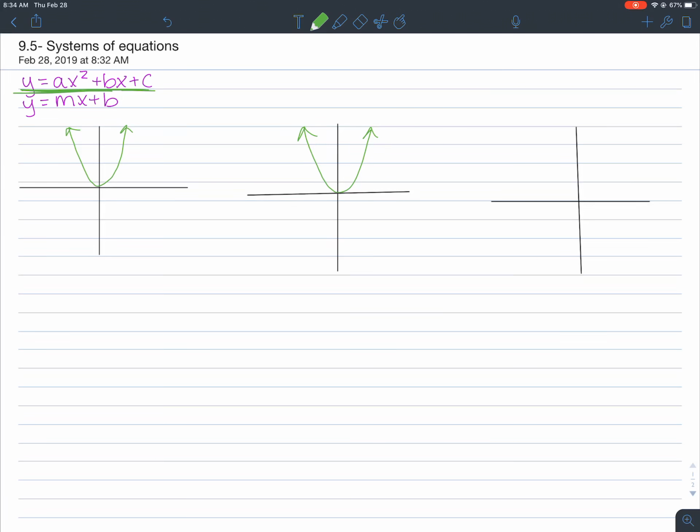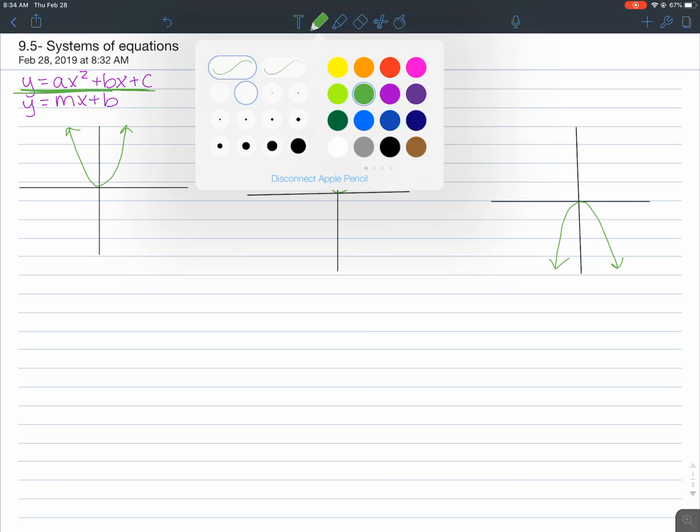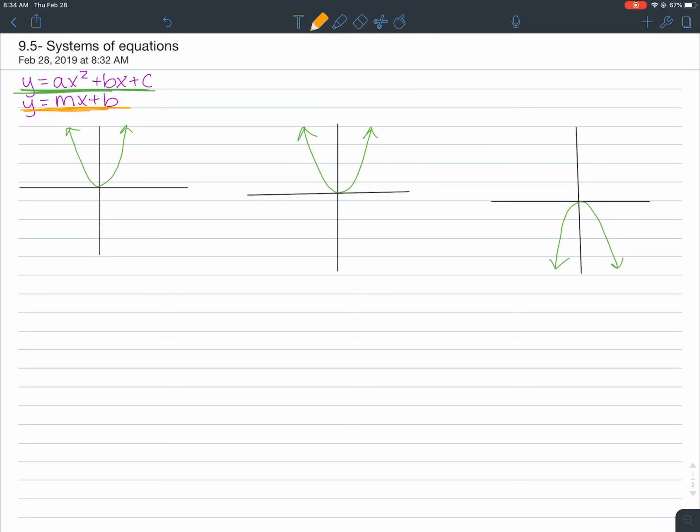And then let's actually reflect the parent function because it's not always going to be that. So we could draw our line that would intersect 2 times, because it intersects once, twice. We could have it intersect 1 time, or we could have it not intersect at all.